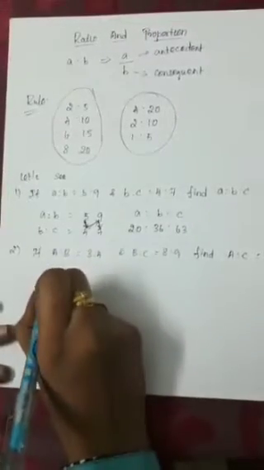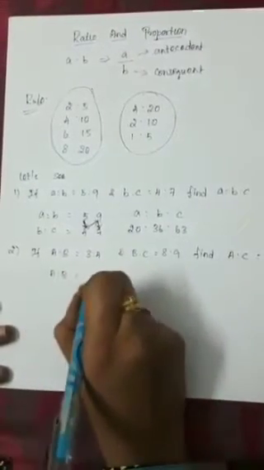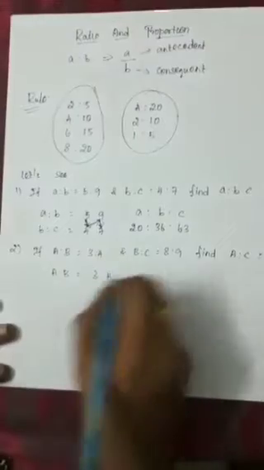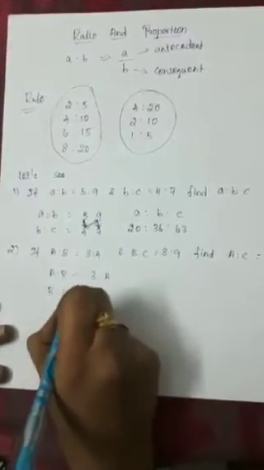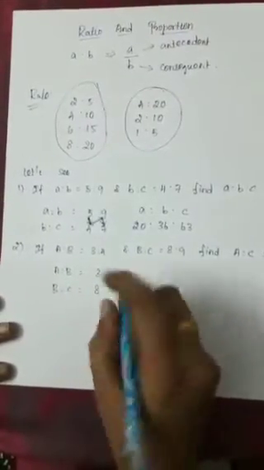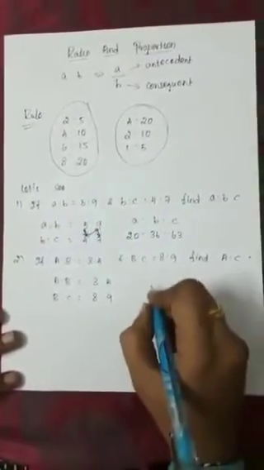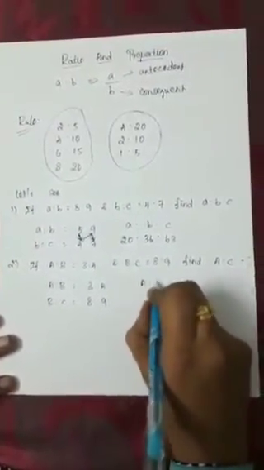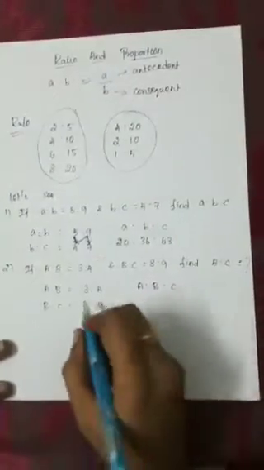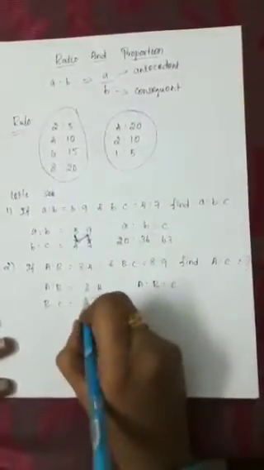So given A is to B 3:4 and B is to C 8:9, to find A is to C. First we find A is to B is to C, multiplying with the same method.